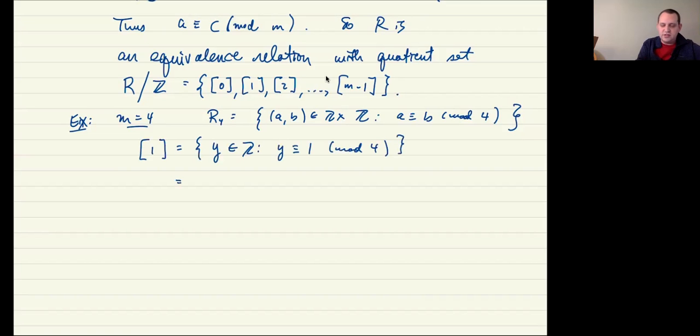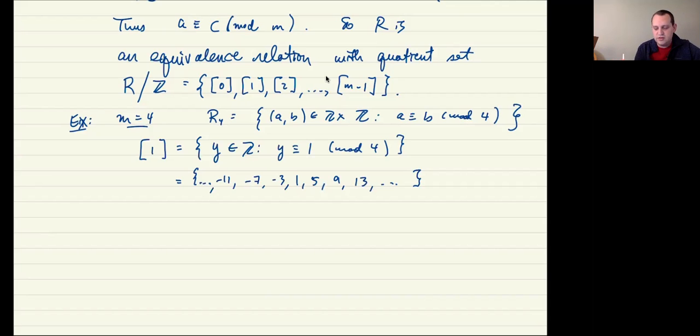And if we think about this in terms of the remainder property, we know that y is congruent to 1 mod 4 if y and 1 have the same remainder when we divide by 4. And so what are all the integers that have a remainder of 1 when we divide by 4? Well, that'll include 1, 5, 9, 13, just going up by multiples of 4, and -3, -7, -11.